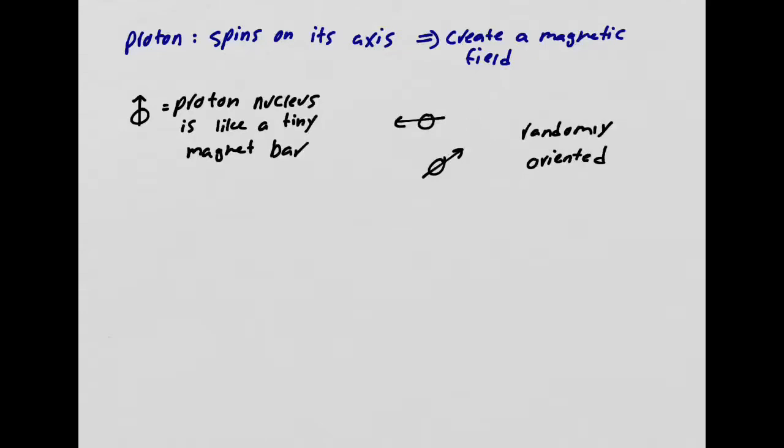And this is ugly. Let me make it a little bit prettier. There we go. Okay, so think about the proton nucleus as a tiny magnet bar. We have this magnet bar inside the proton, inside the hydrogen. And these are randomly oriented. All right. Now, NMR is like a giant magnet.